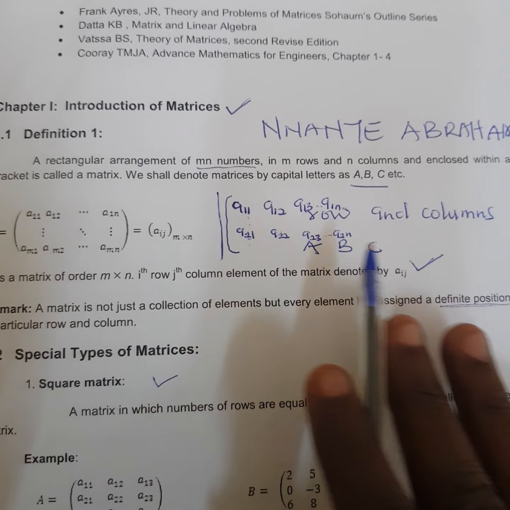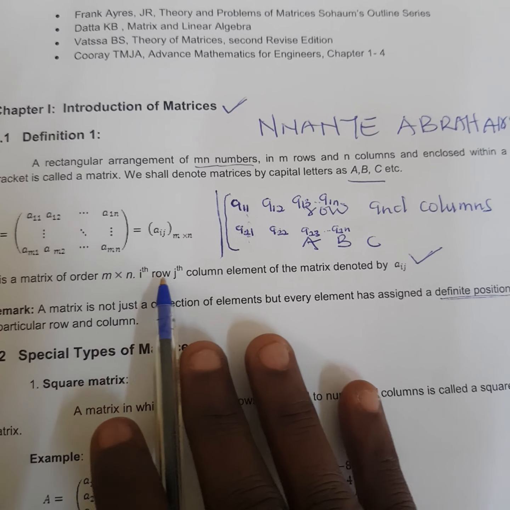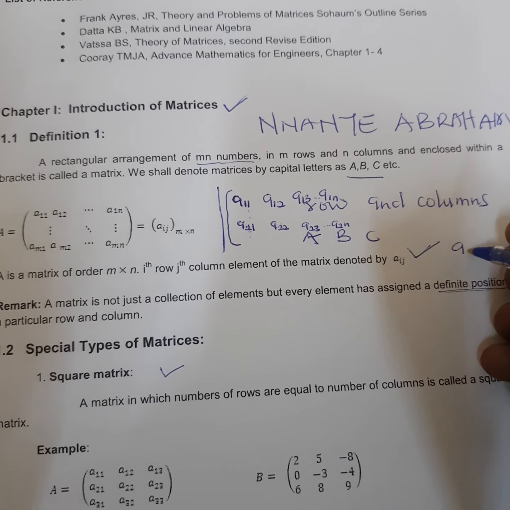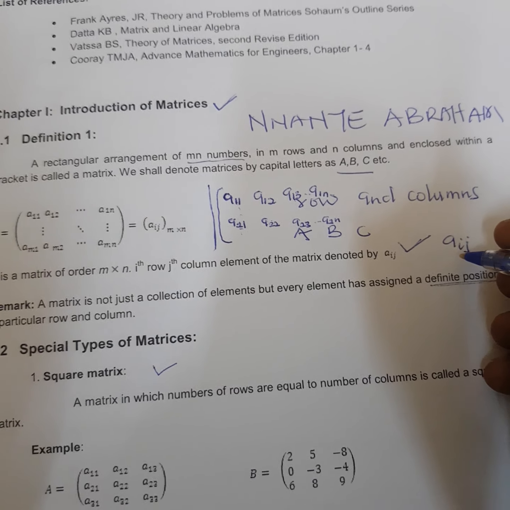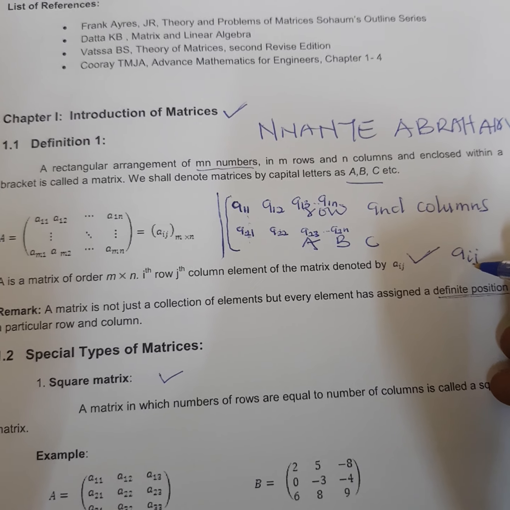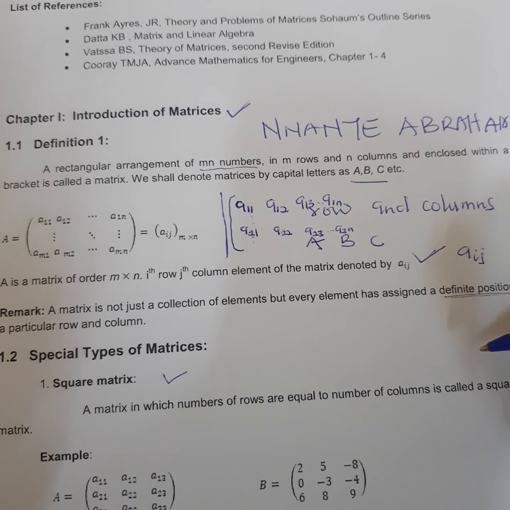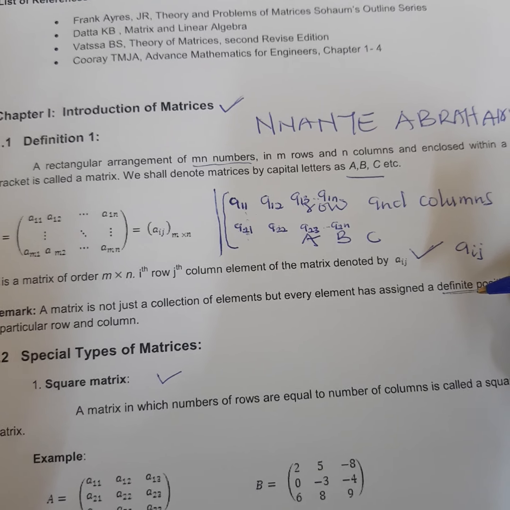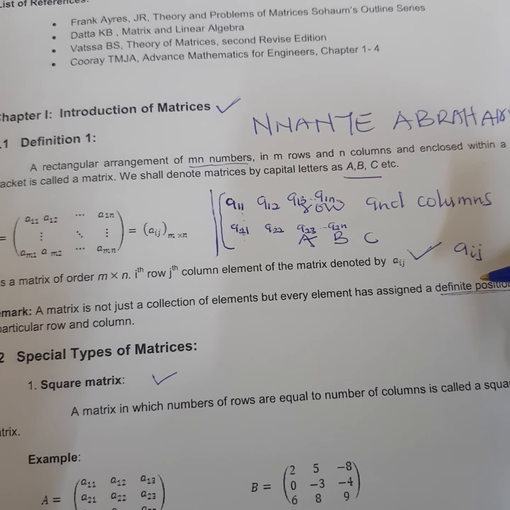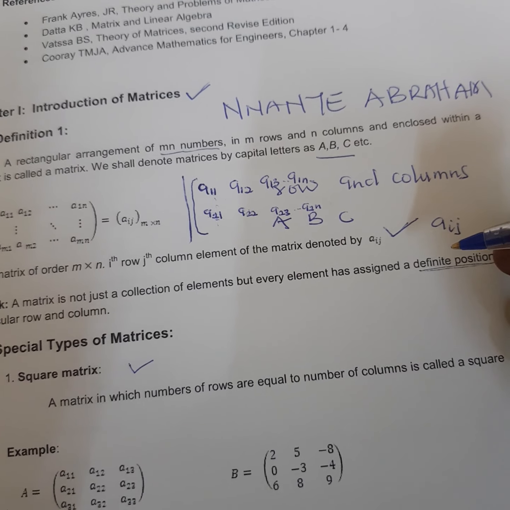Whenever you hear a matrix element Aij, the i stands for the rows and the j stands for the columns. Moving vertically, the row number increases. Moving horizontally, the column number increases. So i stands for the row and j stands for the columns.